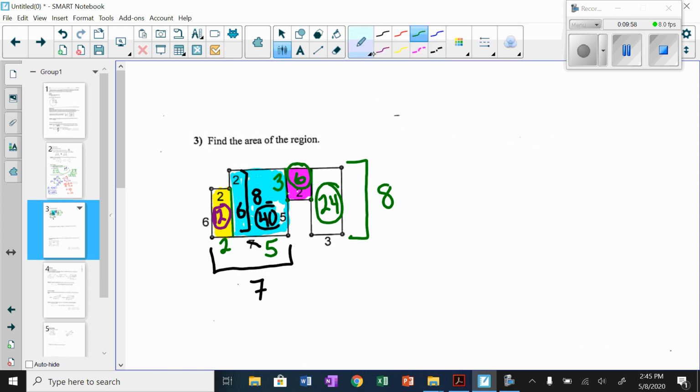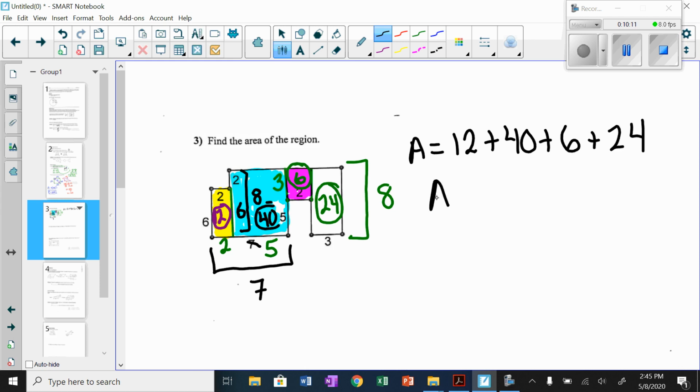I was looking at my numbers wrong. So the yellow rectangle, the area is 12. The blue rectangle, the area was 40. The purple rectangle, the area was 6. The white rectangle, the area was 24. There we go. So the area is going to equal, if you add all of these up, 82 units squared. And you could just put a U and then squared for units squared.